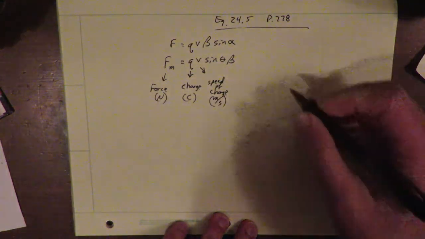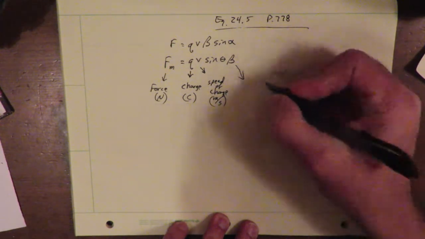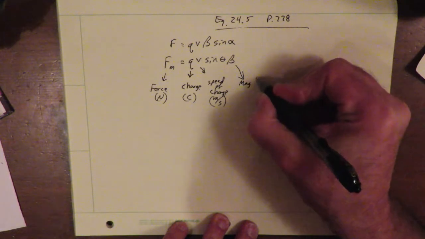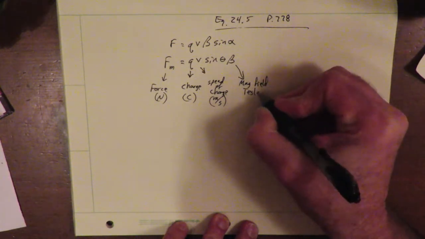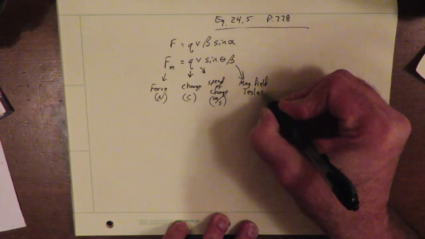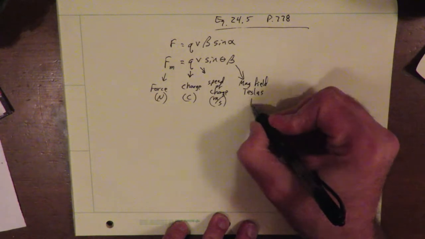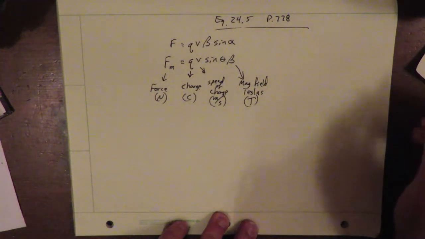B is the strength of the magnetic field, and the units for that are teslas. I don't remember if we mentioned that last time or not, but the units of magnetic field are teslas. We named him after a pretty cool guy, so there we are.